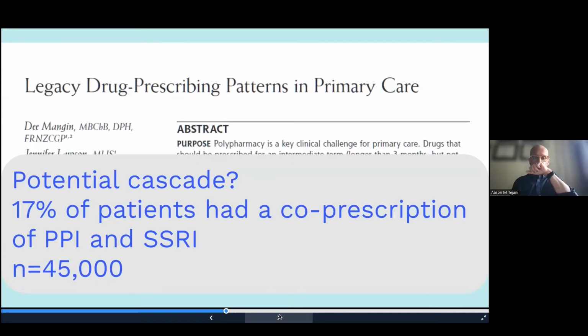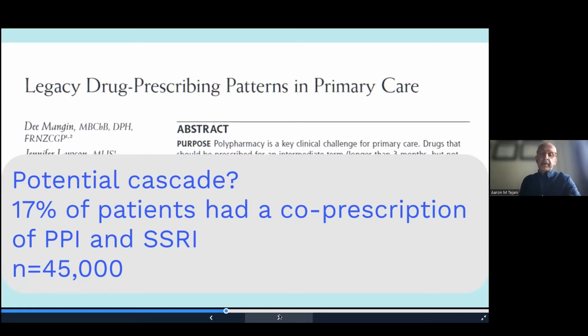And in those particular patients, when they were looking at patients that had received a legacy prescription, PPIs were very common. She noted that of the people on proton pump inhibitors, a large proportion, 17%, had a co-prescription with SSRIs. They had looked at a big sample of 45,000 patients. So in her paper, she and her colleagues suggested that this may be a previously unrecognized prescribing cascade, which I thought was very interesting.